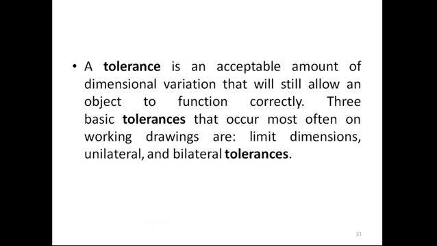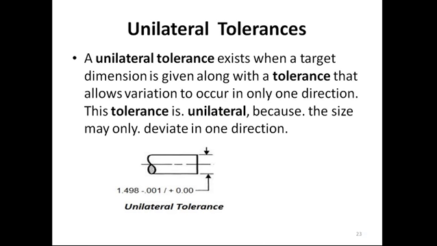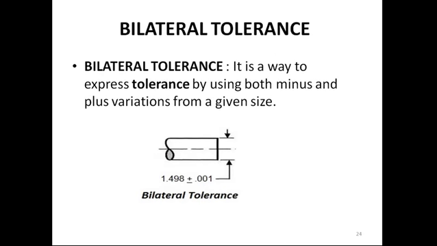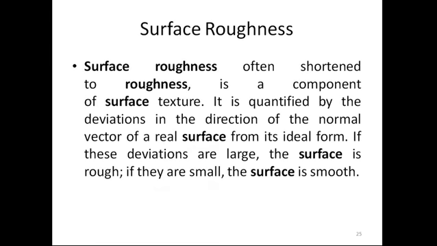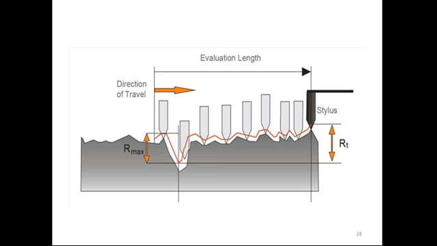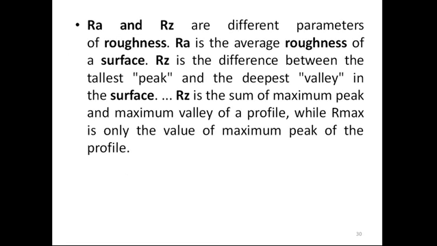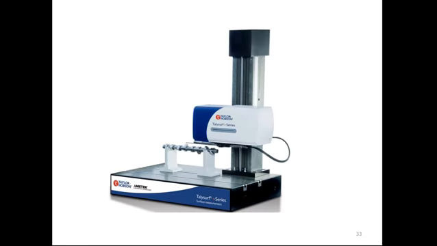We have seen the tolerances, the unilateral tolerance and bilateral tolerance. We have seen surface roughness, what is meant by evaluation length in surface roughness, and what is meant by Ra. We also saw how we measure surface roughness using the Talysurf and how it works.